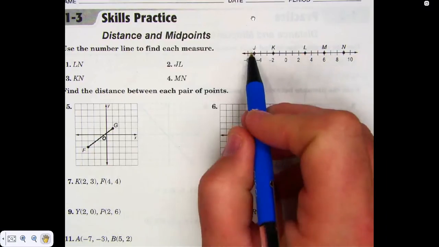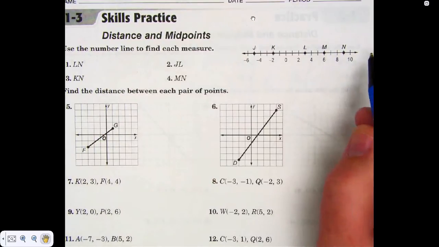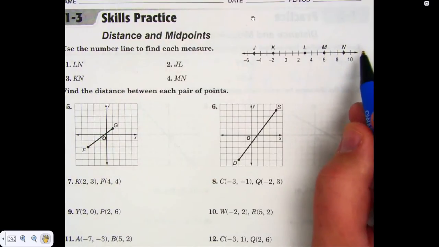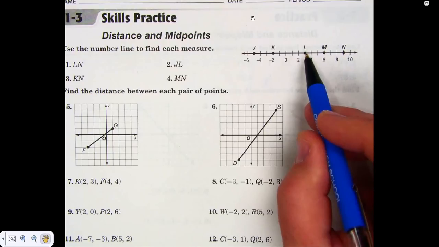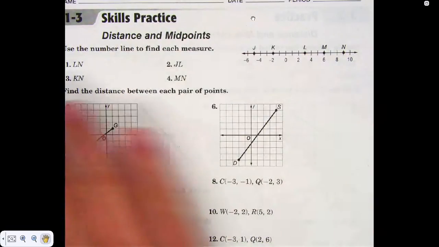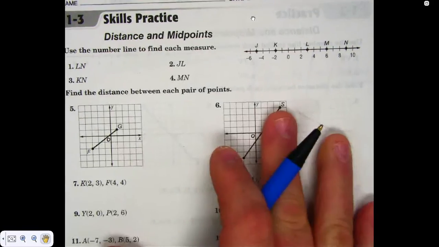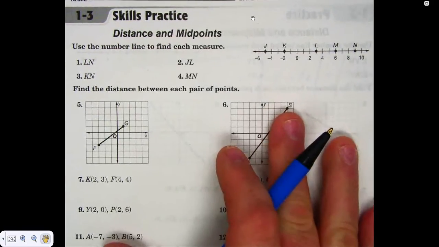But what if they said the coordinates of J is negative 245 and the coordinates of L is 18? Do you want to draw that number line and count those spaces? No. I'm always a believer in let's learn the way that works all the time, not just the one that works right now.